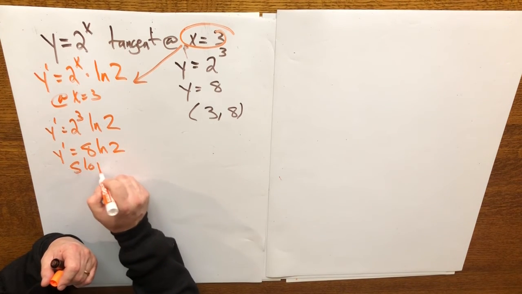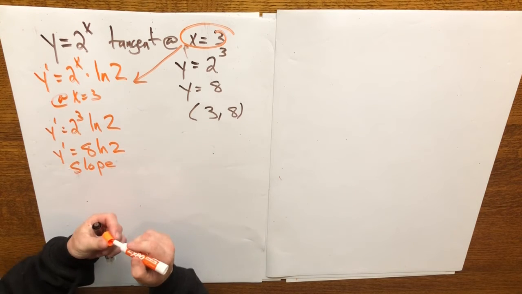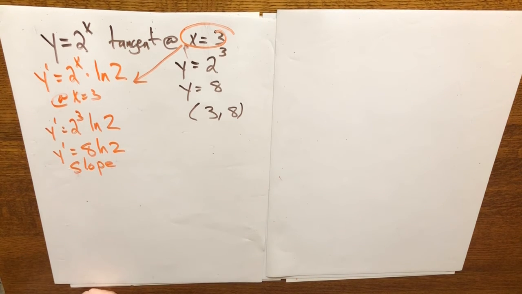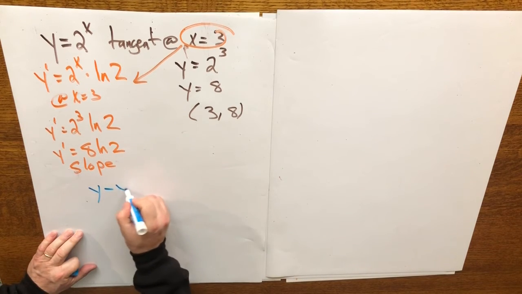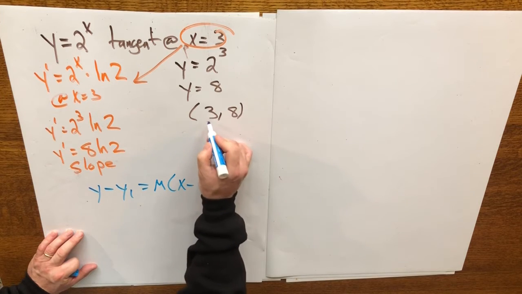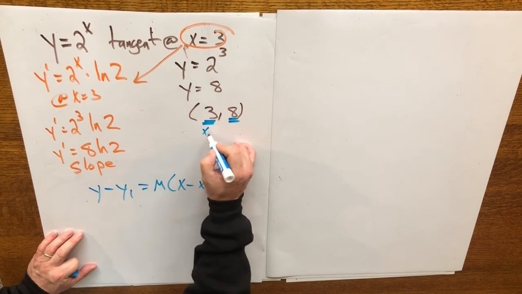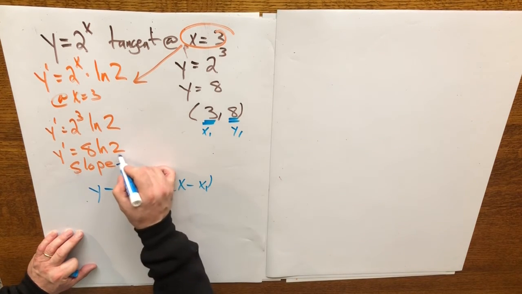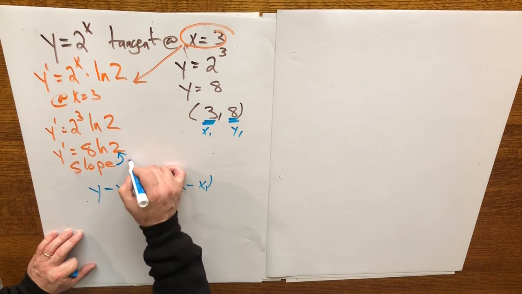That's the slope. Using those two facts right there, we can find the equation of the tangent line by saying y minus y1 equals m times x minus x1. There's x1 and y1, and there's the slope, m.